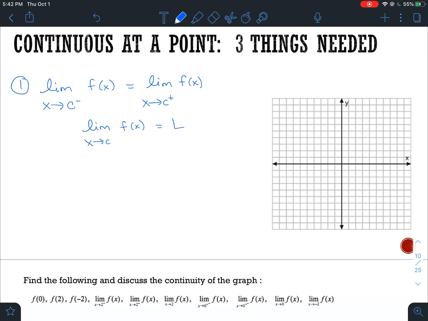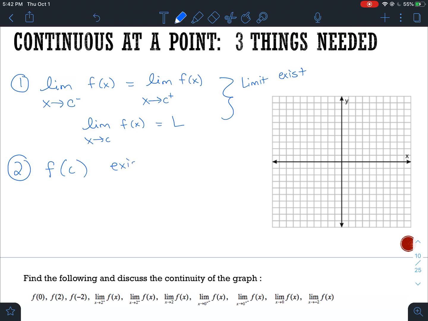So for a function to be continuous at a point, the limit has to exist there. Step 2, the y value has to exist there. So f of c exists. So at x equals c, the y value exists. So there's no hole there. There's an actual point there.